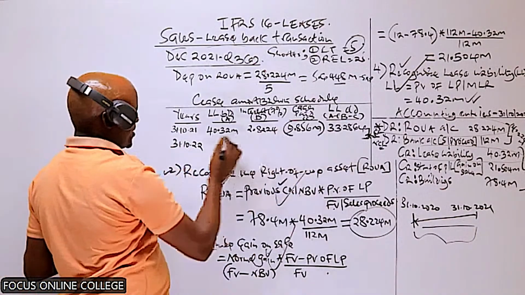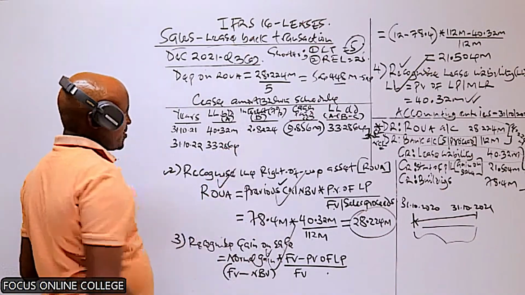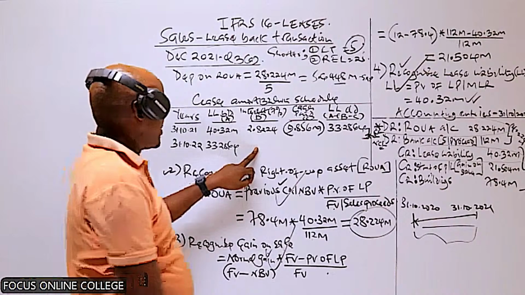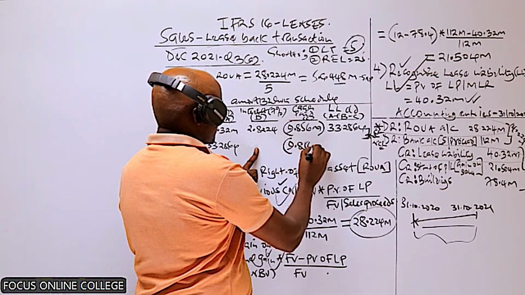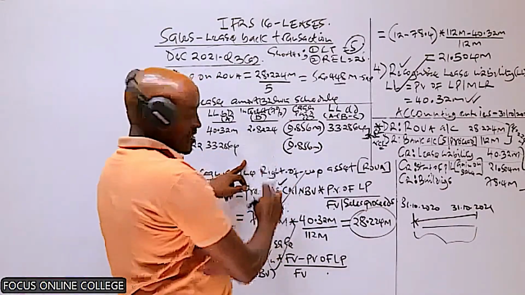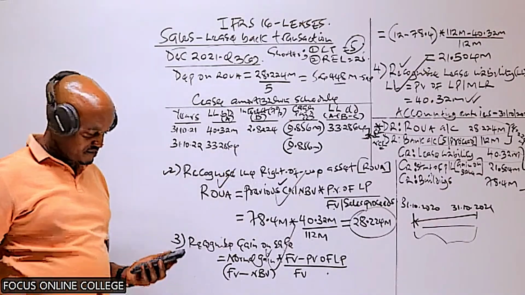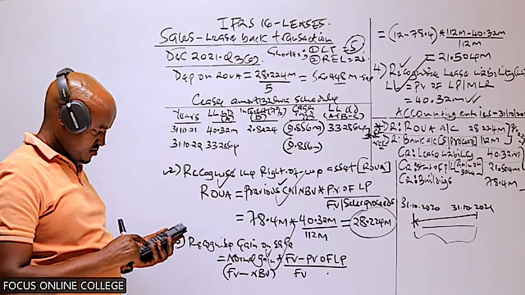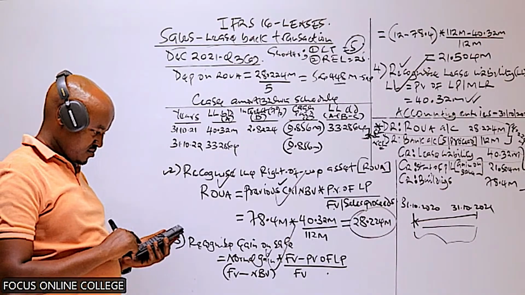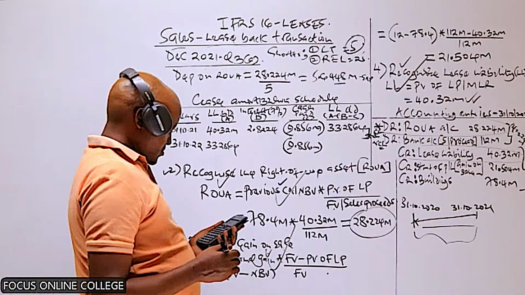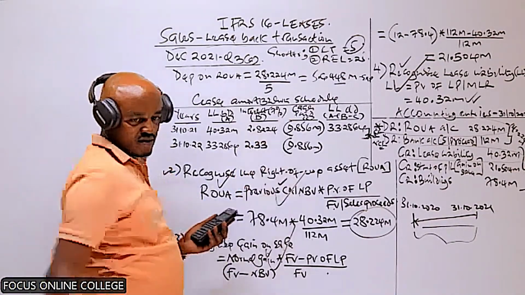So we must also prepare this for the next year, the year which ended 31st of October 2022. This closing balance will be the opening balance here. Then we compute the interest and less the cash paid. How much is the interest for this year? 7% of this. Yes, 2.33.